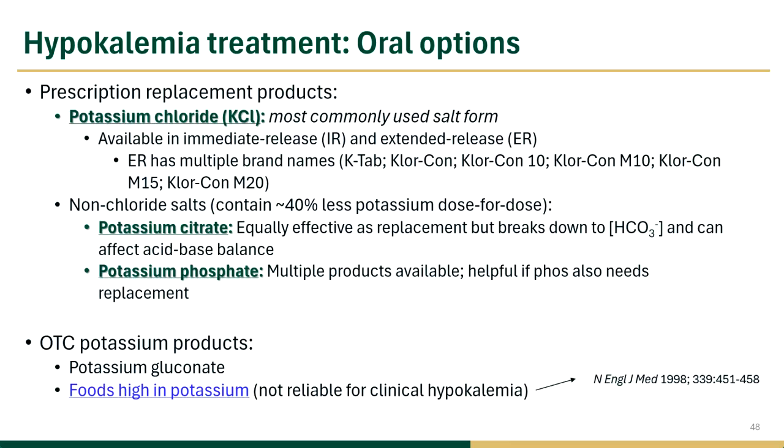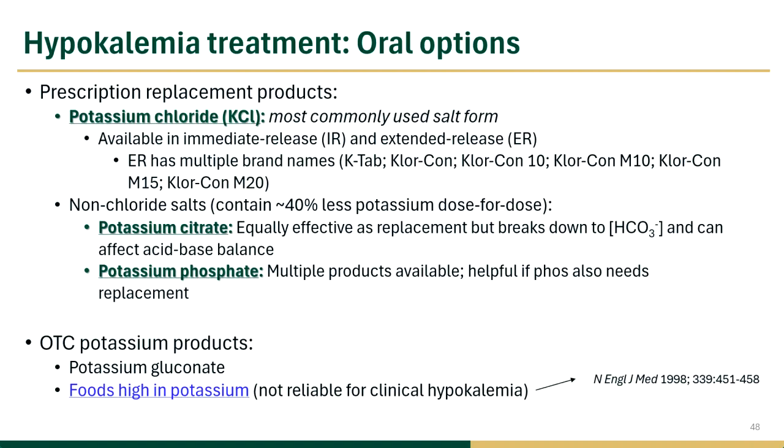The OTC potassium products include gluconate, which is the one you see most often. If you go to Walmart or CVS or Walgreens, on the shelf you'll see bottles of potassium gluconate. As you might imagine, it contains far less potassium, milligram-wise, than the prescription product, but it is available as a supplement.